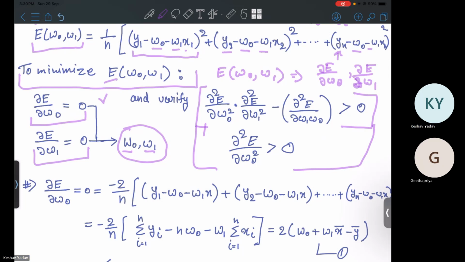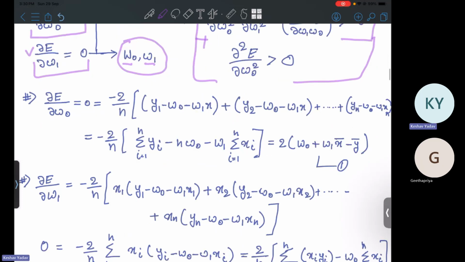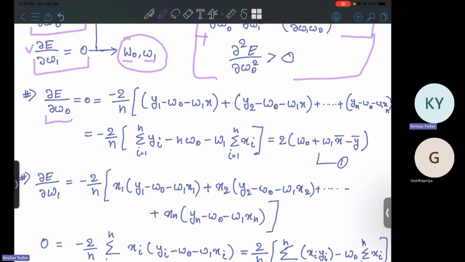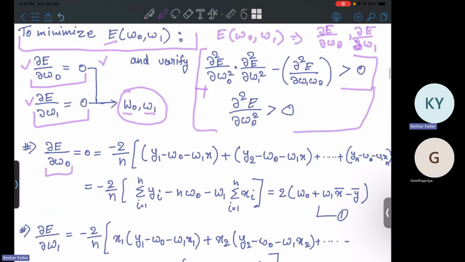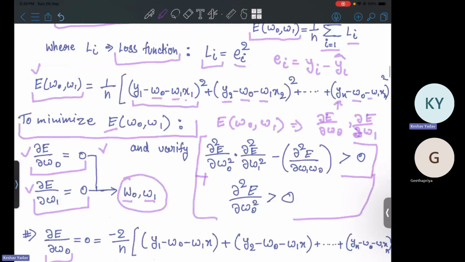Okay, clear? So let us now find these two values. So del E upon del w0, what will be the value of del E upon del w0? If you see this term, just this term, here we see w0. So if we calculate the differentiation, this 2 will come here, this 2 will come here, and the differentiation of this term will be -1.